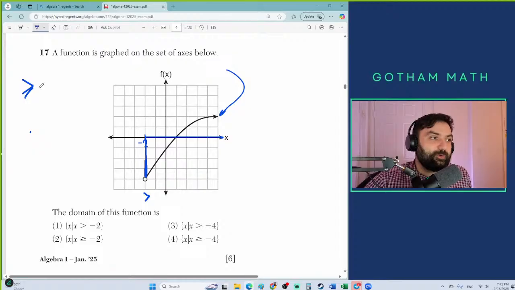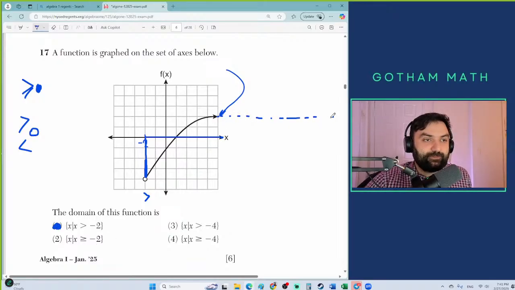The sign with 'or equals to' has a closed circle, and this sign has an empty circle. So it's going to be greater than -2 with just the greater sign. Forever to the right. All right, this is it for domain. This is what domain is.